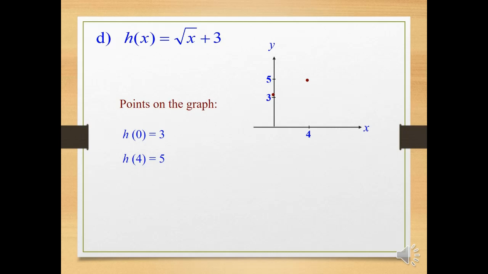It is (0, 3) and (4, 5). By using the pattern of the third function, we get this graph. The domain from the graph is 0 to positive infinity, and the range is from 3 to positive infinity.